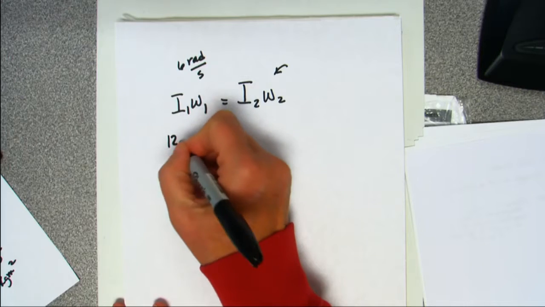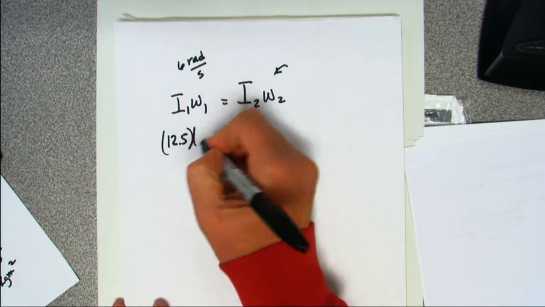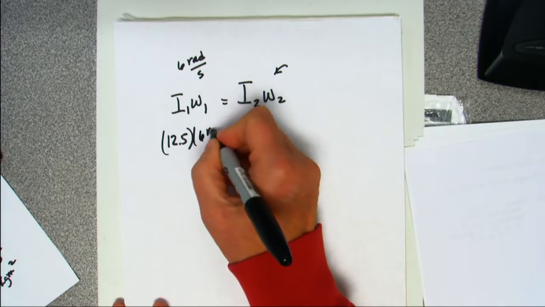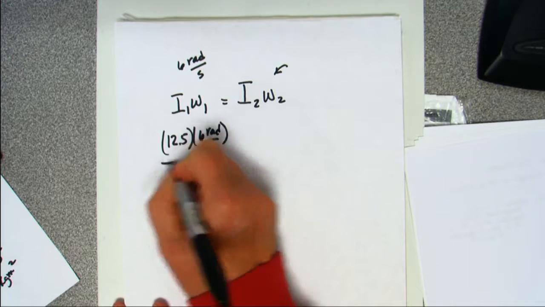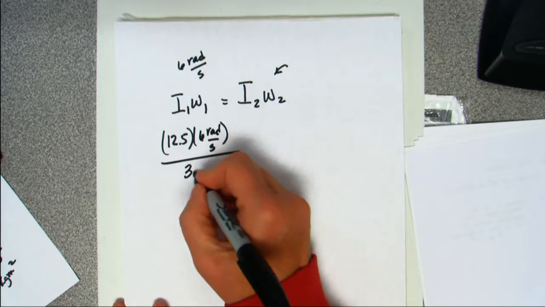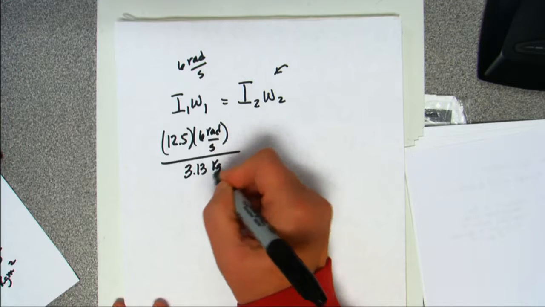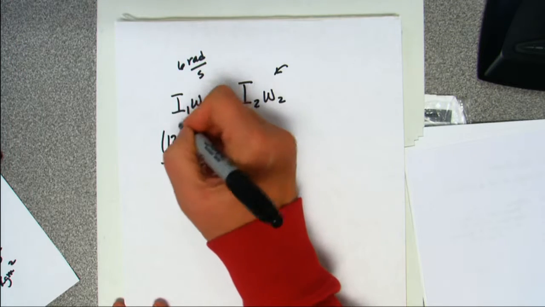We get our 12.5 kilograms meters squared times my 6 radians per second, divided by my 3.13 kilograms meters squared.